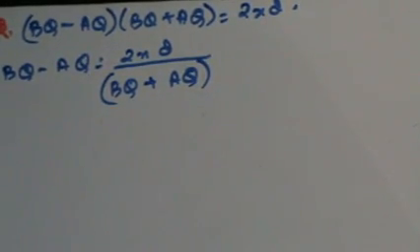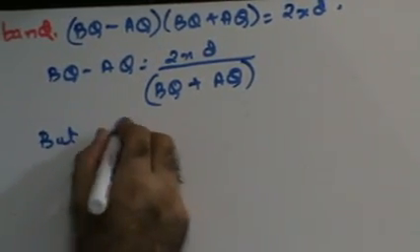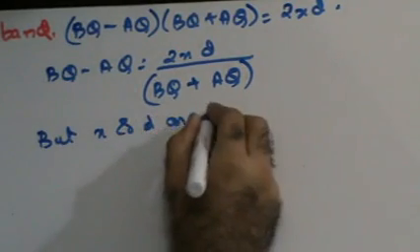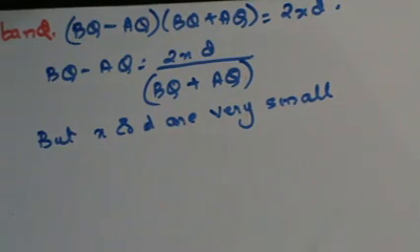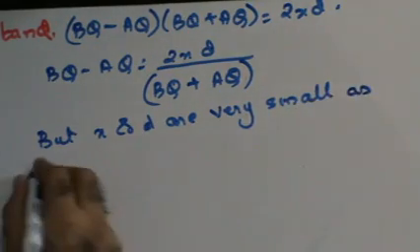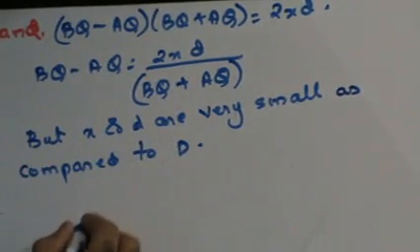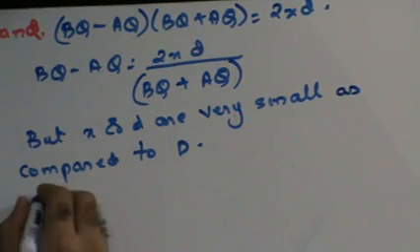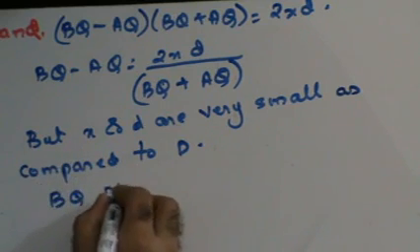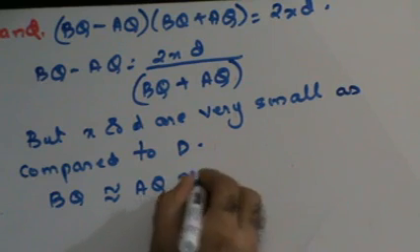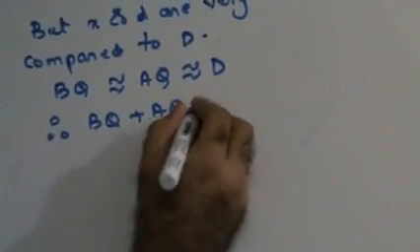But x and d are very small. Since x and d are very small as compared to D, I can say that BQ will be approximately equal to AQ, approximately equal to D, therefore BQ plus AQ will be equal to 2D.